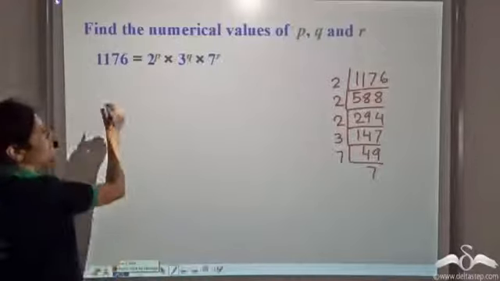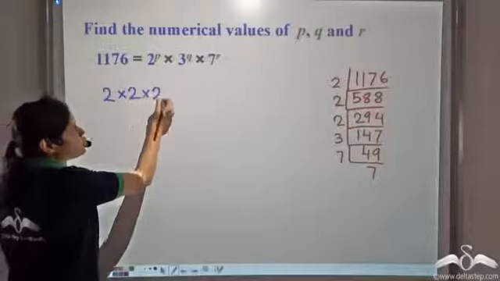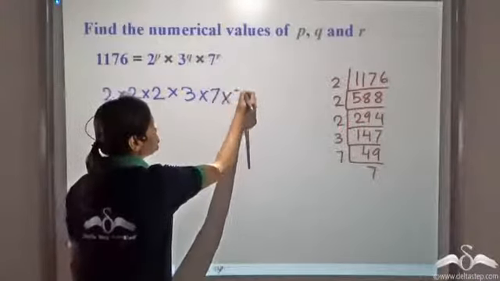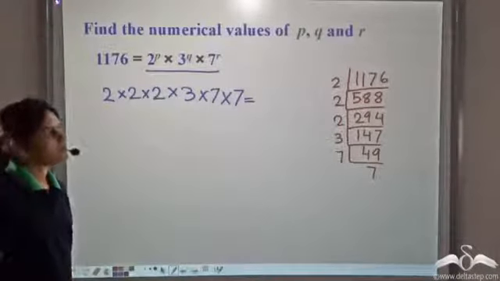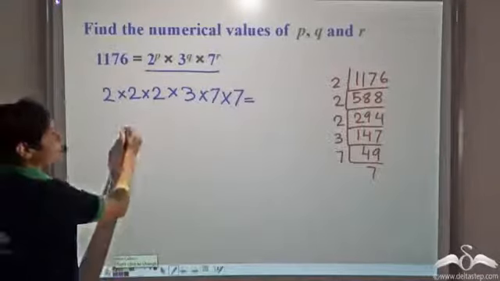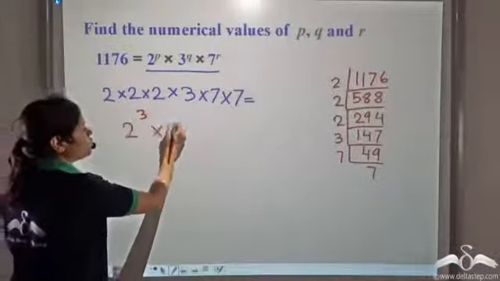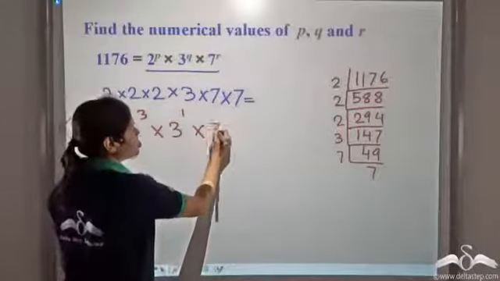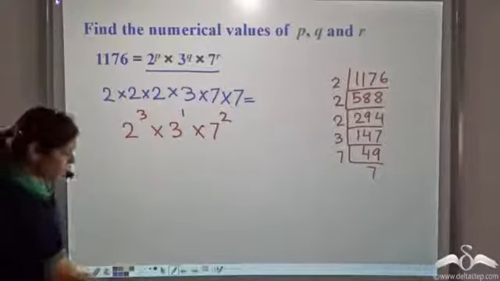So we can write 1176 as 2 into 2 into 2 into 3 into 7 into 7. Or we can say that this is 2 to the power 3 into 3 to the power 1 into 7 to the power 2 equal to the right hand side.